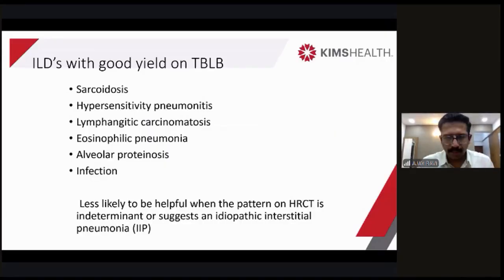Fluoro adds to our yield, because many times when you do a TBLB, you take everything, but when you come out with your forceps, the forceps is not having any tissue. This is because the forceps may not be opening properly inside, because of the small bronchi. In that case, fluoro will help.